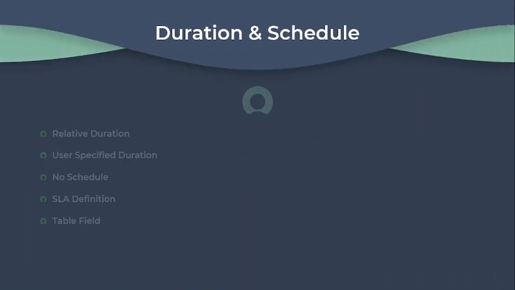Then duration and schedule. User specified duration specifies a static duration period, such as 8 hours, along with a business schedule.